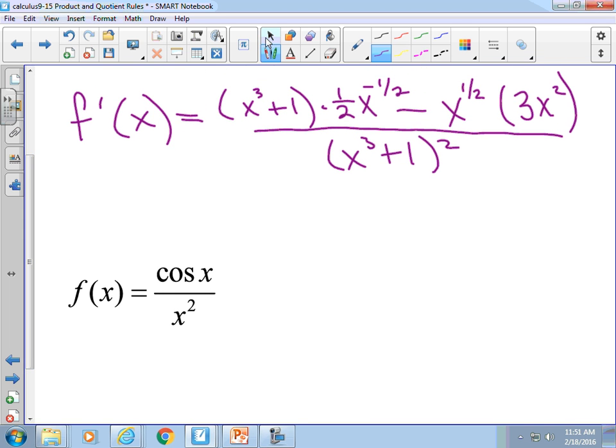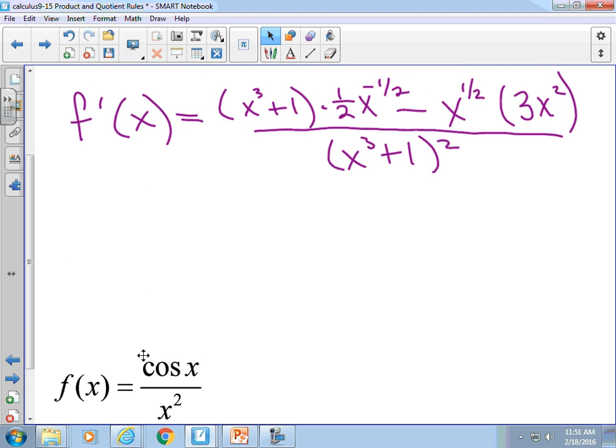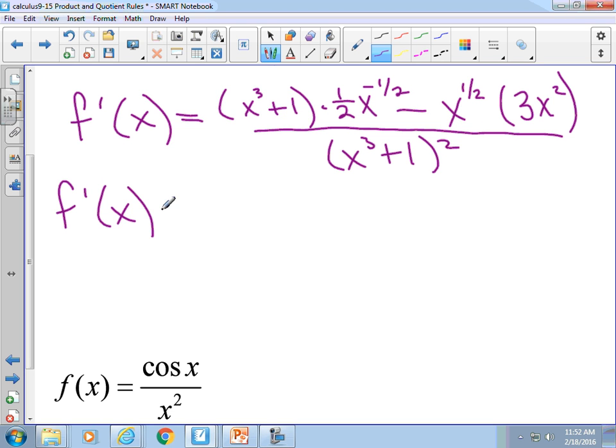Now, if this fell on open response and it just said to find a derivative, you'd stop there because we did. If this were on multiple choice, it probably would be simplified. So I'm going to go through some nasty algebra simplification. This part would be to match a multiple choice answer.